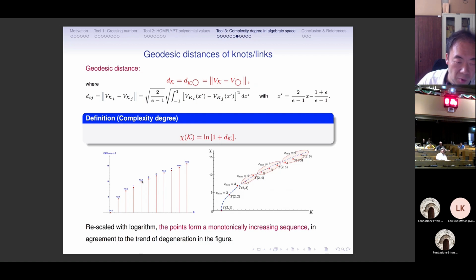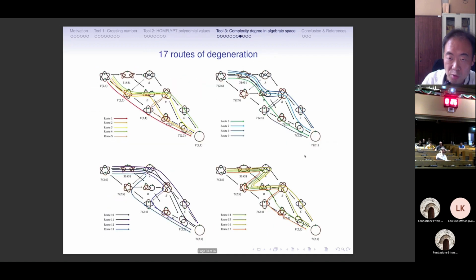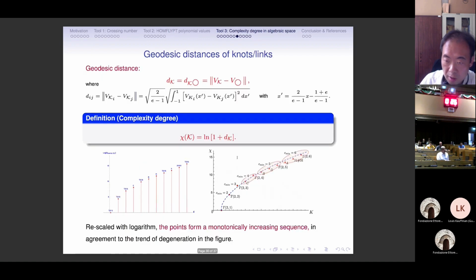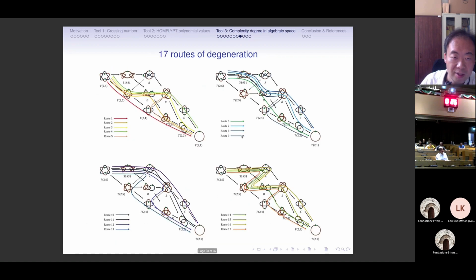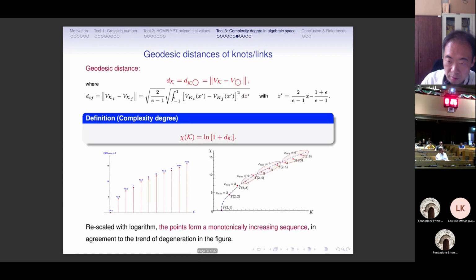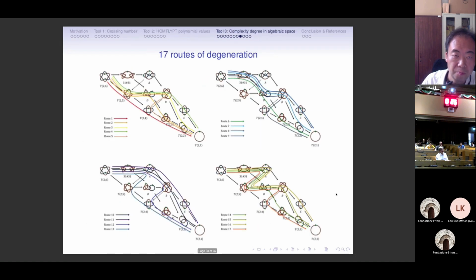We can see a monotonically decreasing sequence, right? And these three correspond to the first row. These three form a cluster within the second row, and so on, third row, and so on, right? So this result is pretty good, I think.